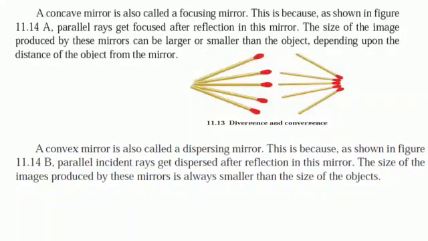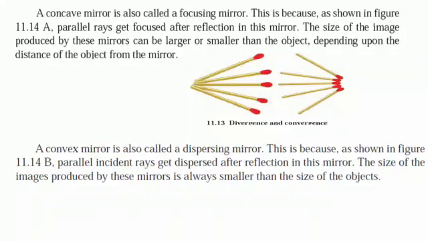Depending upon the distances. Children, you can see in figure 11.13, divergence and convergence. Divergence means moving away, they are getting diverted, and convergence means coming together and meeting at one point. On the left hand side, you can see matchsticks, 1, 2, 3, 4, 5, they are moving away. And on the other side, the striking substance of the matchsticks, they are coming together.